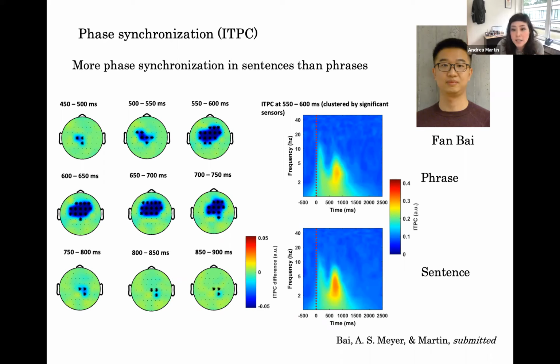The sentences here have more of those phase set phrasal relationships than the phrase, for example, does. So there are more constituents in the ball is blue than the blue ball. That's another way to think about it. So the organization of the neural assemblies, in as much as that can be reflected in phase synchronization measured at the scalp, is increased for sentences even when they take the same amount of time or have the same envelope shape as a phrase.